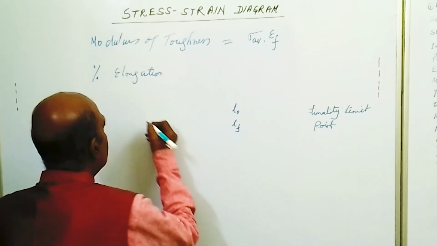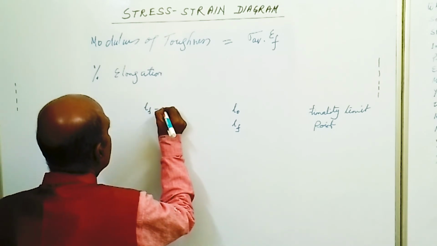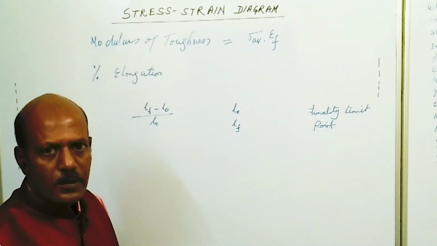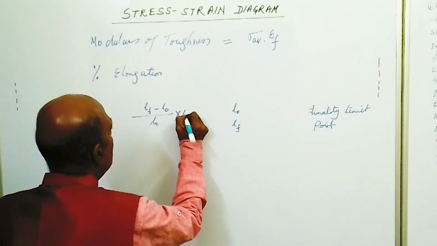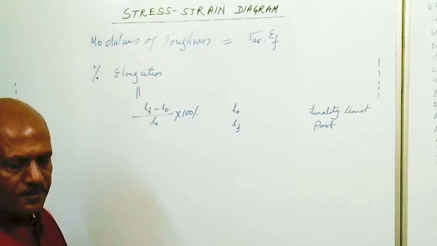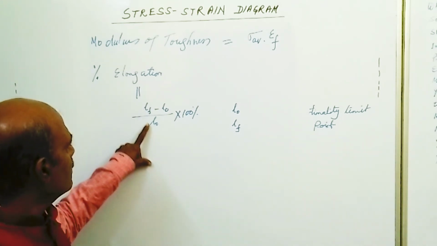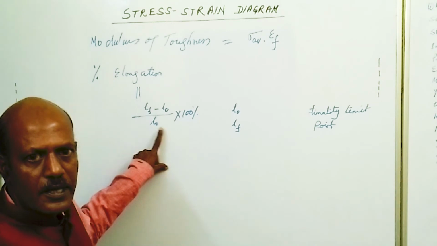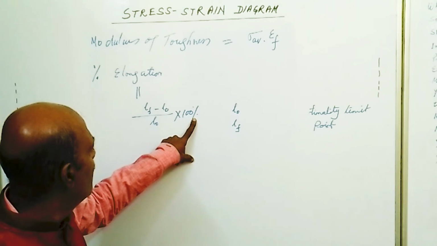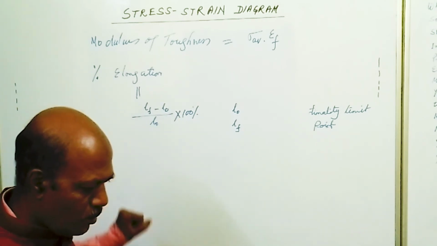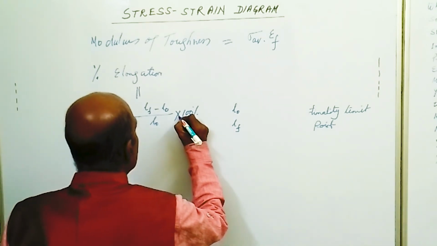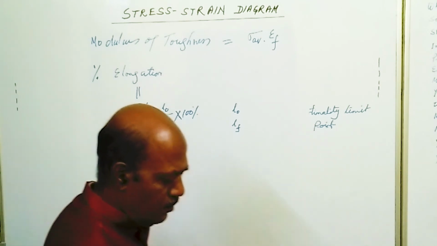Then the change in length per unit original length, LF minus L0 by L0 into 100%, is called the percentage of elongation.